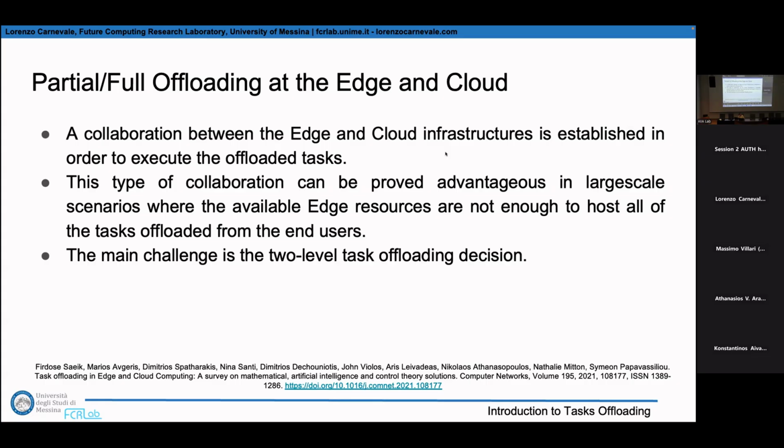So according to the geographic location of the servers, somebody could be closer, somebody farther away, but in this way, part of the computation could be in a kind of edge and part of the computation could be in the cloud. So the main challenge is to have this two-level task offloading decision.